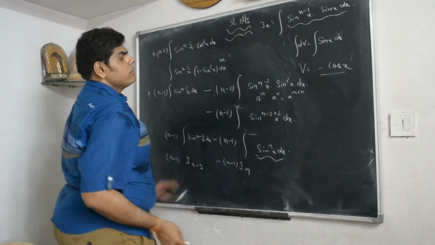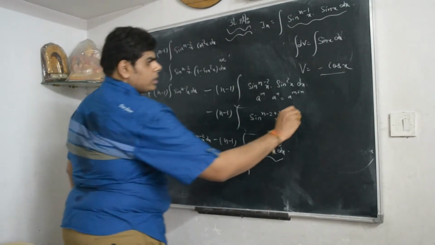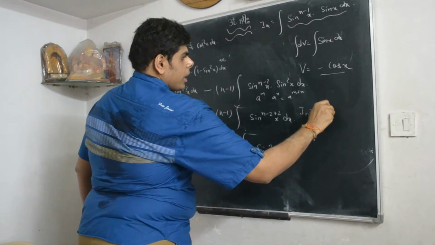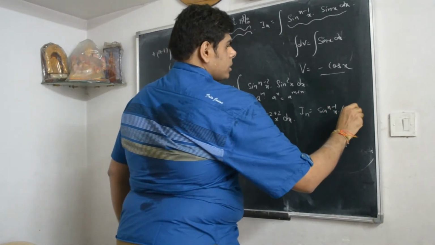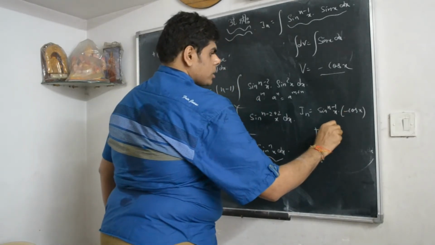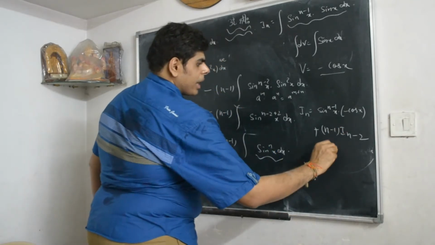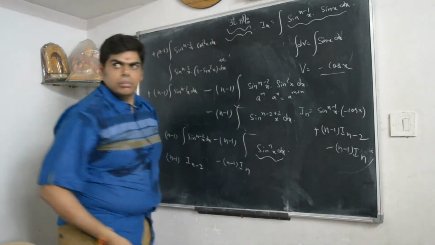Now we have the original solution: I_n is equal to sin^(n-1) x into minus cos x plus n minus 1 into I_(n-2) minus n minus 1 into I_n.